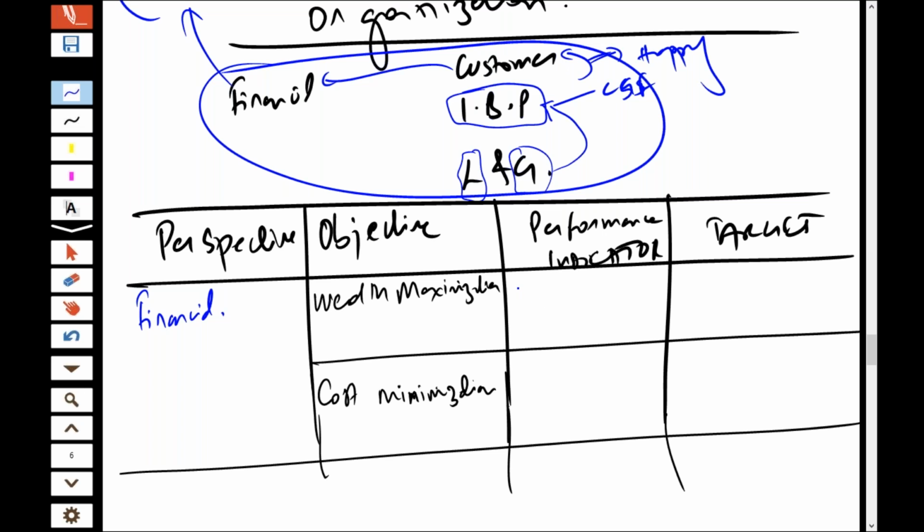So you would probably introduce the performance indicators, which are EPS and share price. Maybe you would say the EPS should be $10. Maybe you would say that the share price should reach $100.